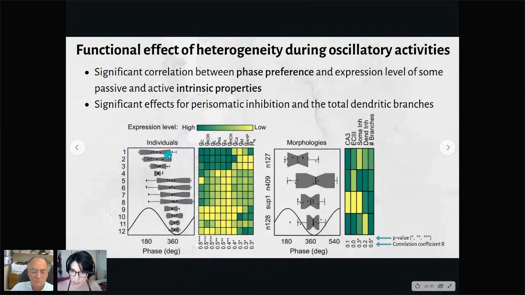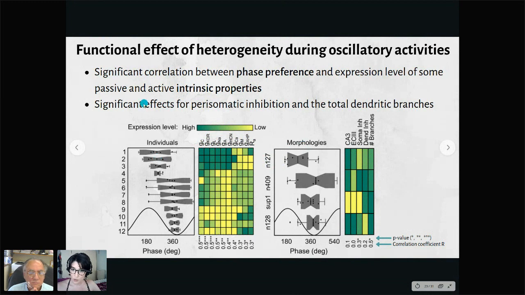If it's green, then the expression level is high, it means the value of these genes is high, and if it is yellow, it means that the value of these factors is low. This individual, for example, is defined by very high CKDR potassium channels, also high leakage current, and also a high sodium channel, but it has a lower calcium channel and a low M potassium ion density channel.